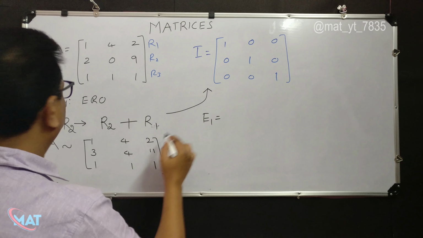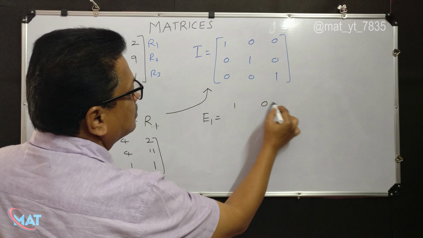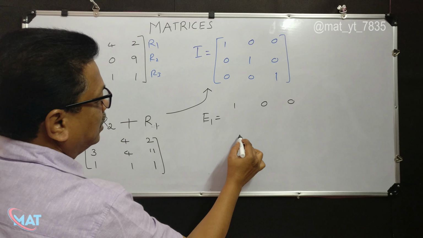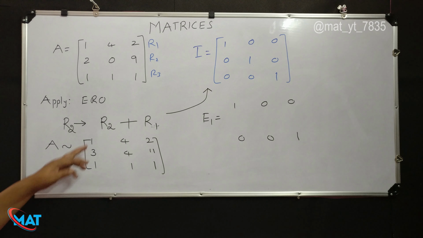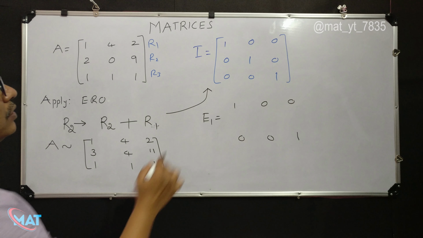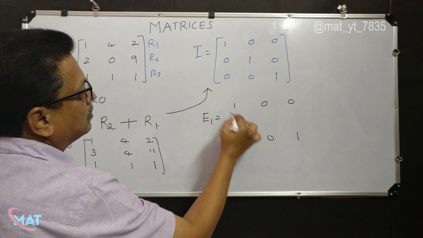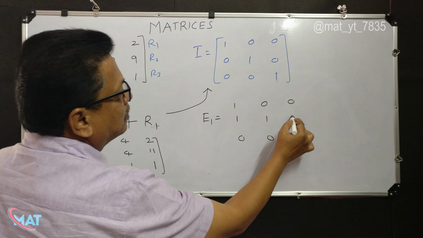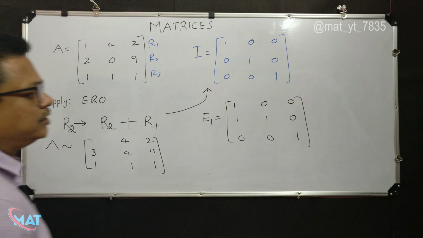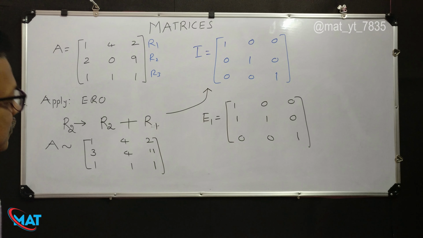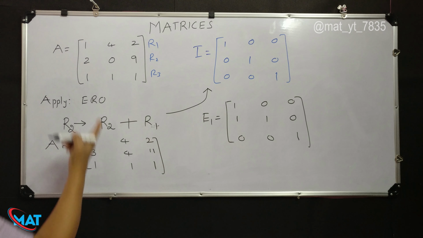So here row 1 will be as it is, row 3 will be as it is. Now apply the same operation R2 plus R1: 0 plus 1 is 1, 1, 0. Now what is the relation of this with these two?